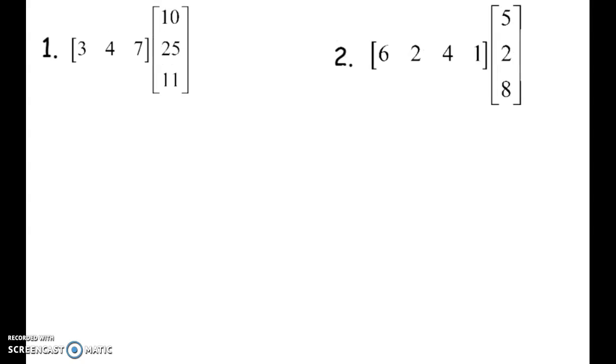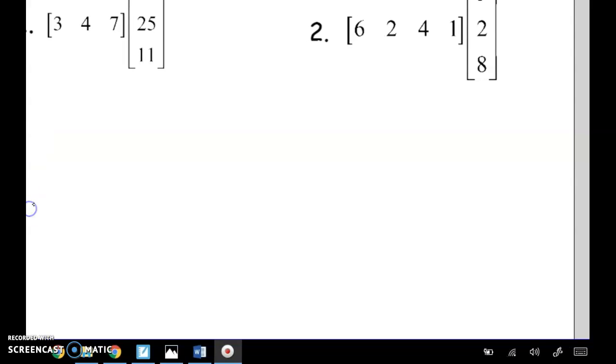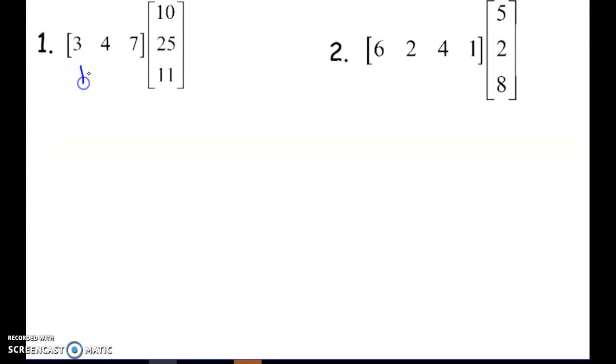First off, we just want to make sure it is possible to multiply these matrices. So we want to figure out the dimensions. We've got a 1 by 3, and then we've got a 3 by 1. Since these inner dimensions are the same, we can multiply.